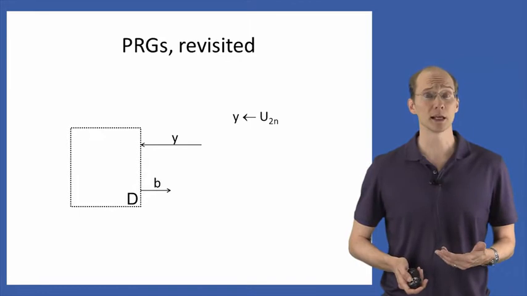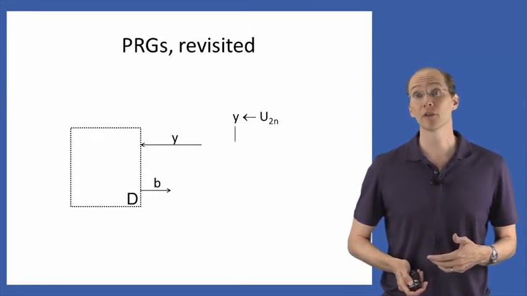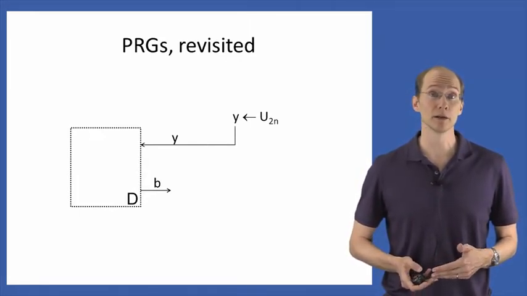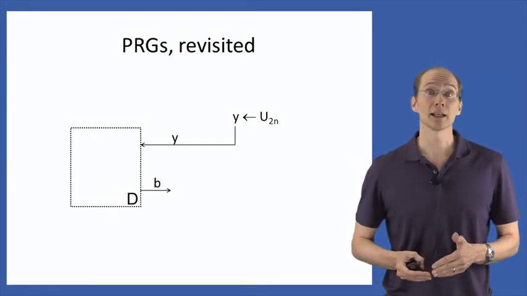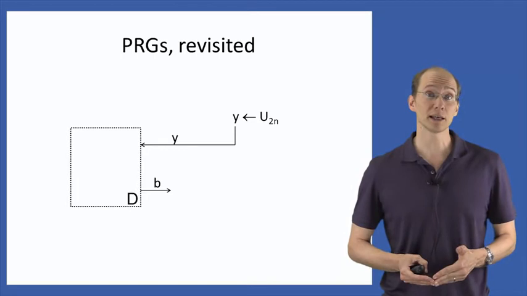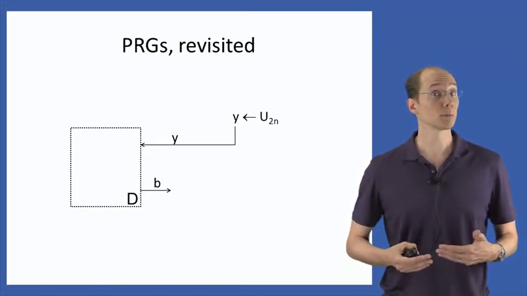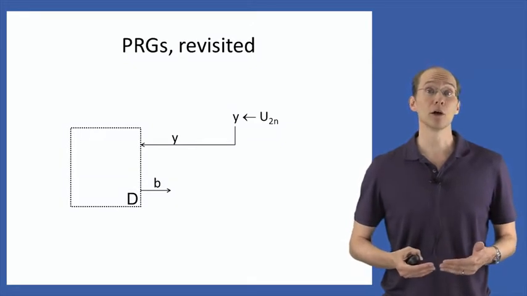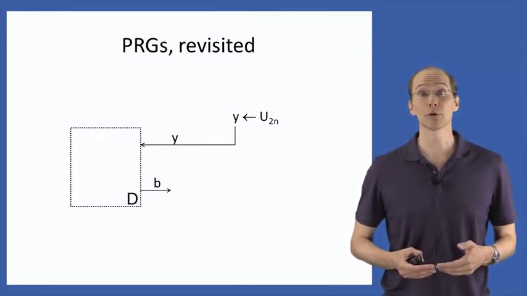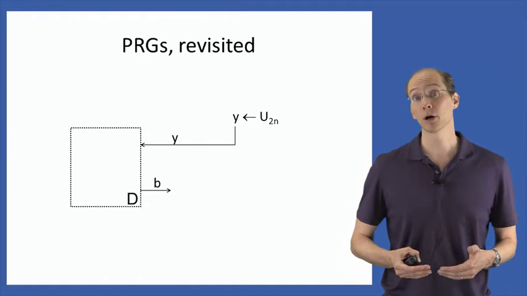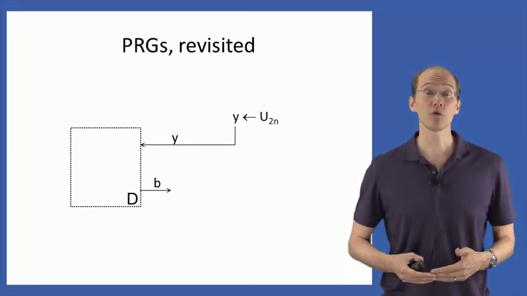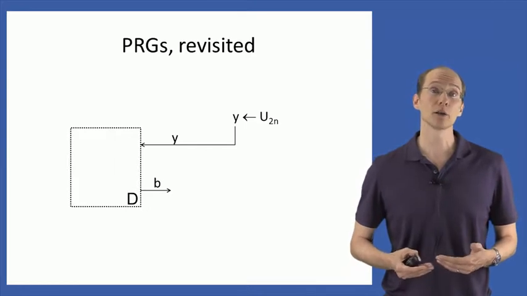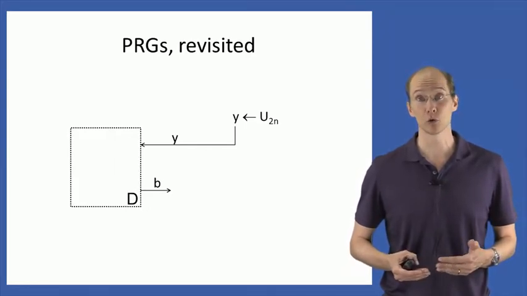So in one case, we have Y being sampled uniformly from strings of length 2n, and we can look at the behavior of D when it's fed with a string Y sampled according to that distribution. So in particular, we can calculate the probability with which D outputs 1, the probability with which B is equal to 1, where that probability is taken over the choice of Y according to the uniform distribution on strings of length 2n.